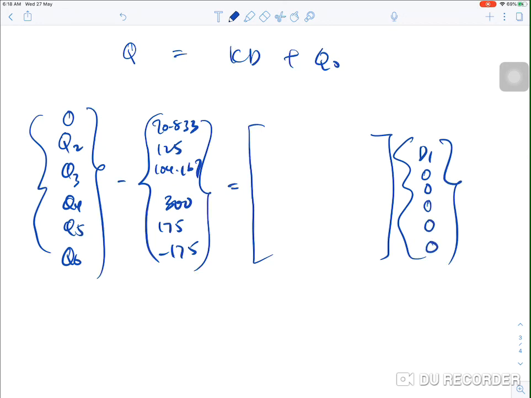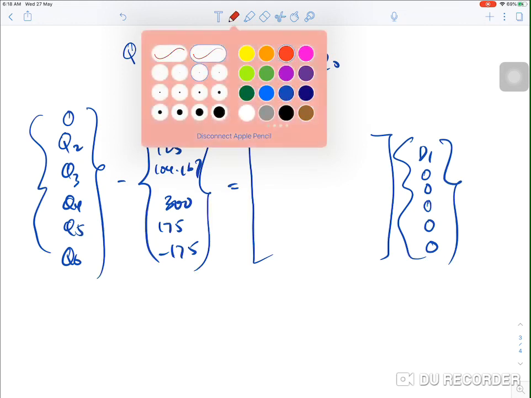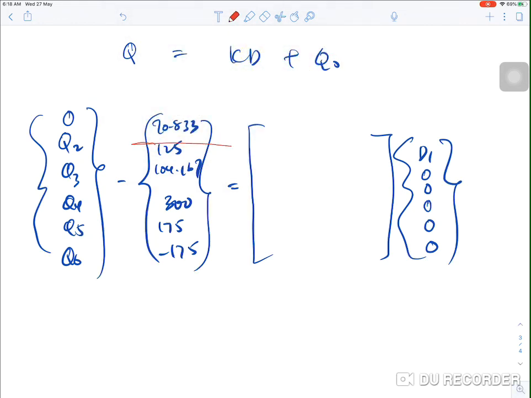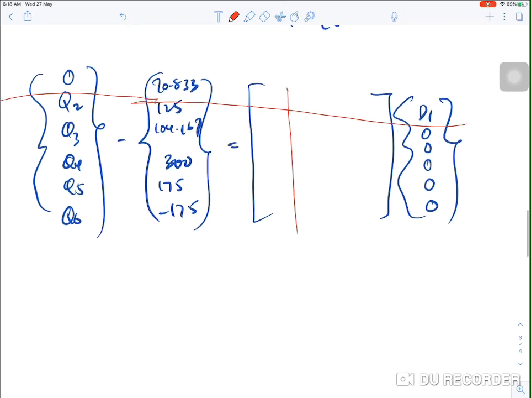Okay, so from this we will get the unknown displacement because the boundary is here. This is the boundary. Then we will get the equation like this.